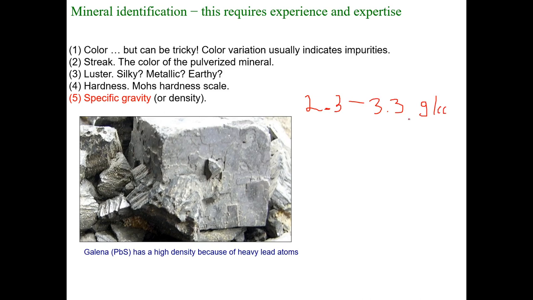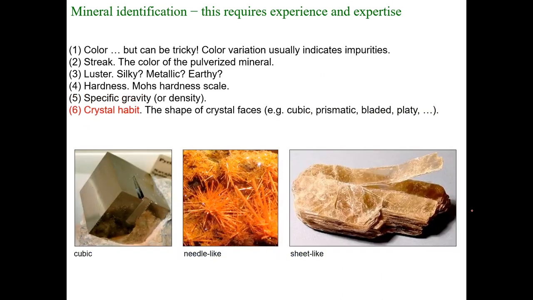Okay, so 2.3 to 3.3 is average. So most crustal rocks are going to be like that. Okay, mantle. So most mantle rocks are going to be like maybe 3.5 grams per cc. And then, of course, the core is very dense. The core, you're talking more like 10 to 11 grams per cc. Okay. So just something to keep in mind.